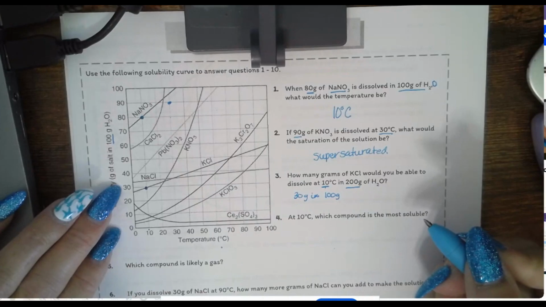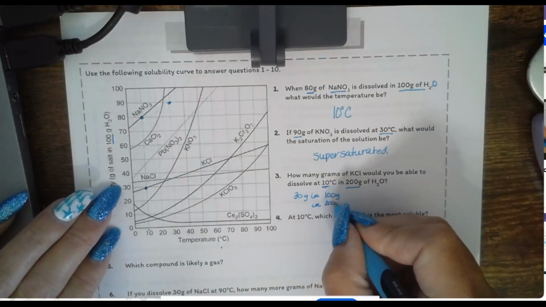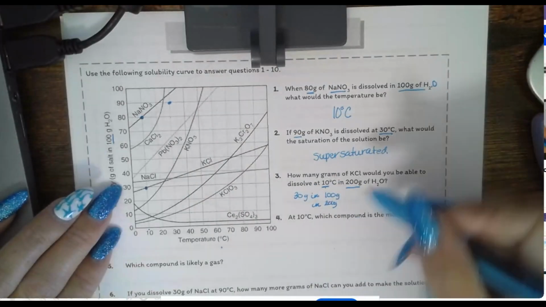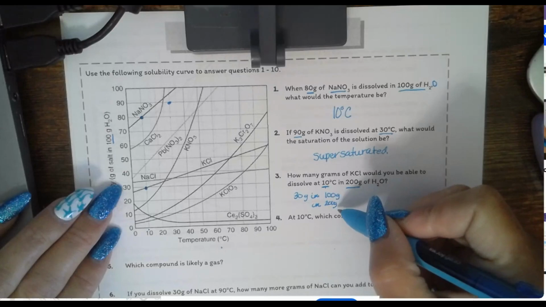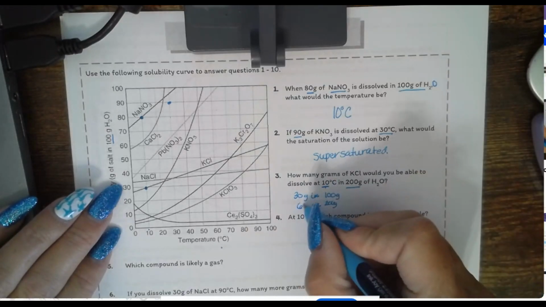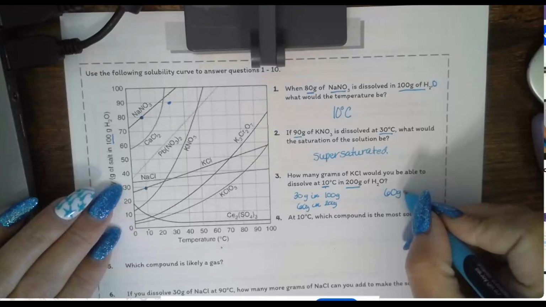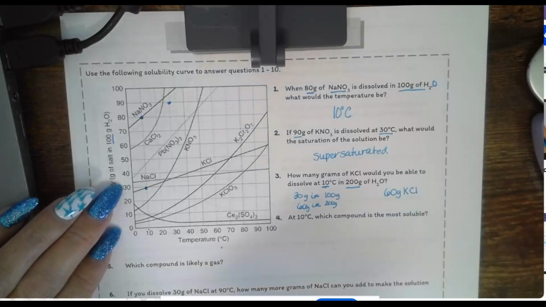In 200 grams of water, how much could I dissolve? 100 times 2 is 200, so we take 30 times 2, and that tells us we can dissolve 60 grams of KCl in 200 grams of water.